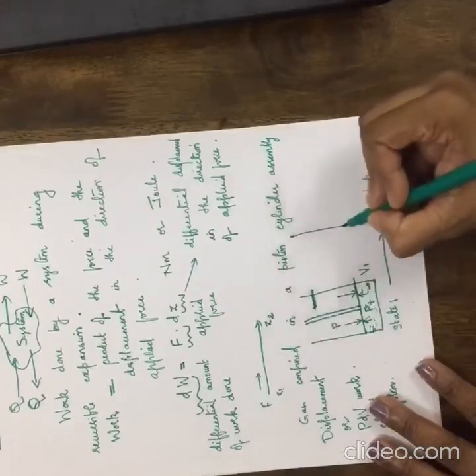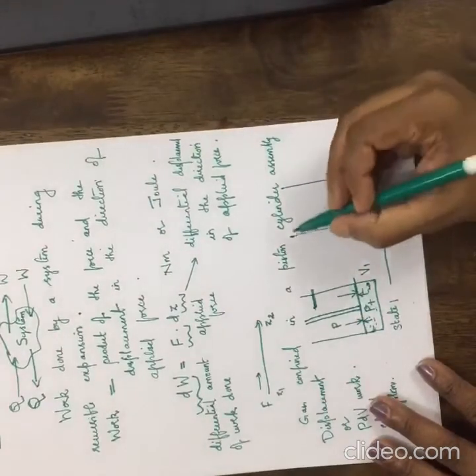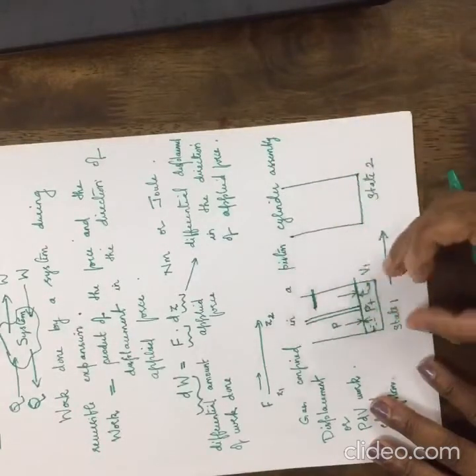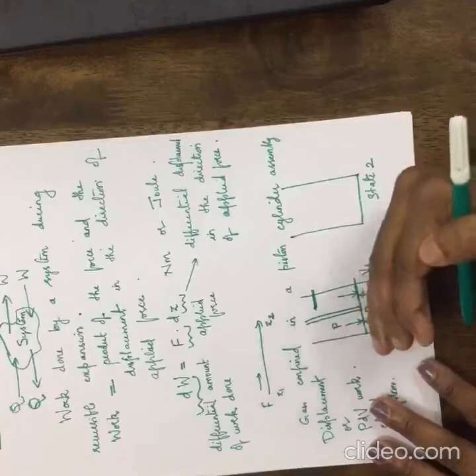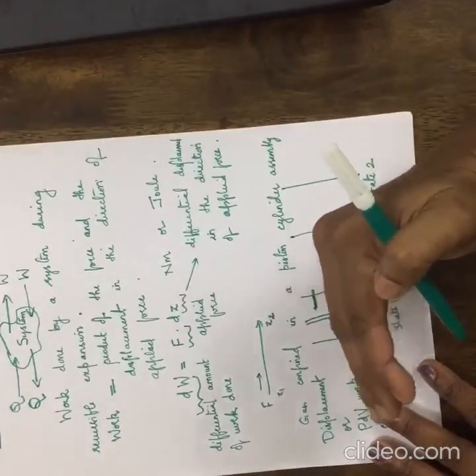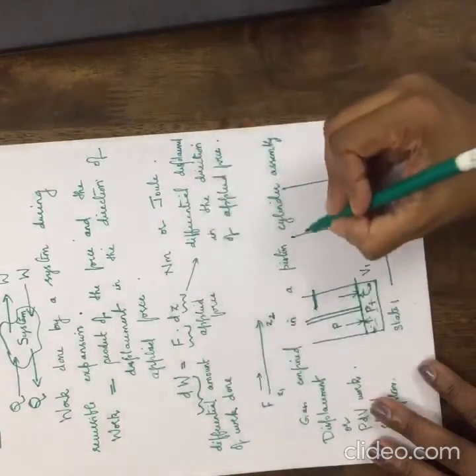It happens in the same piston cylinder assembly. The system at state 1, P1 V1, has its external pressure continuously and slowly reduced.